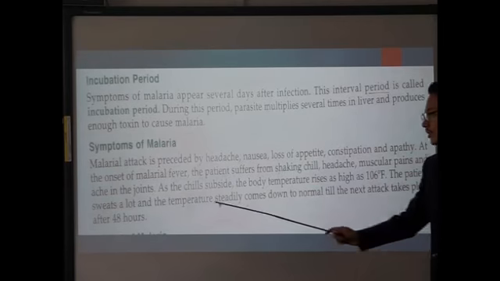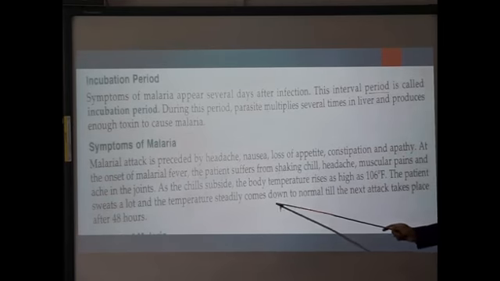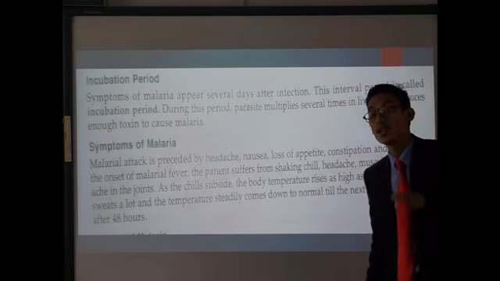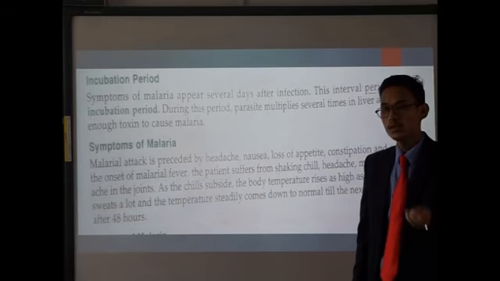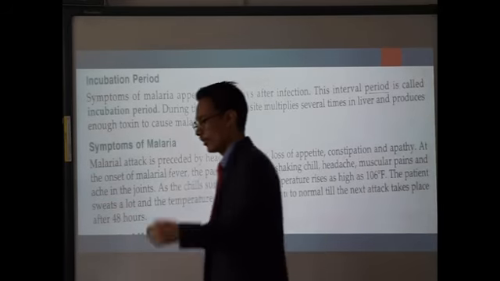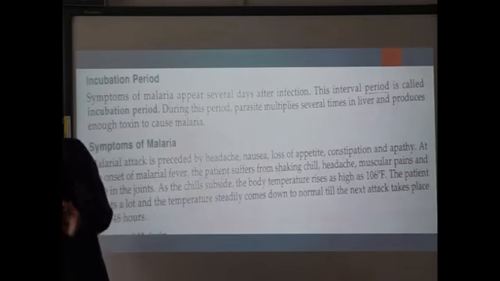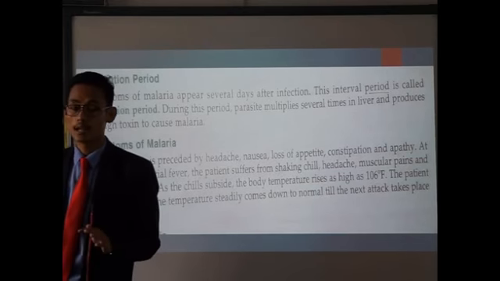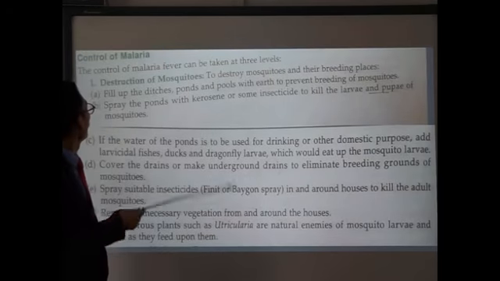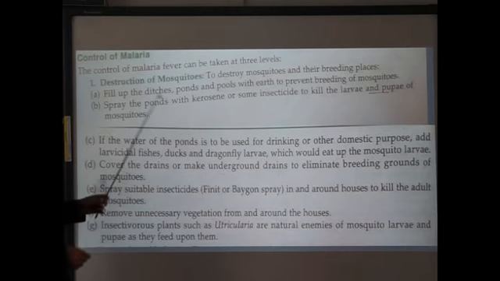The patient sweats a lot and temperature steadily comes down to normal, till the next attack takes place after 48 hours. This is called relapse. That means the fever will go down and it will rise again. The recurrence period is sometimes 24 hours, or 48 hours, or 72 hours, depending on the type of malaria.